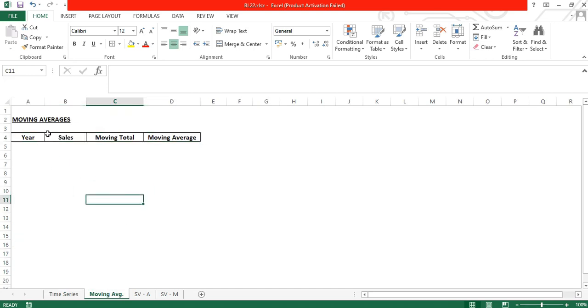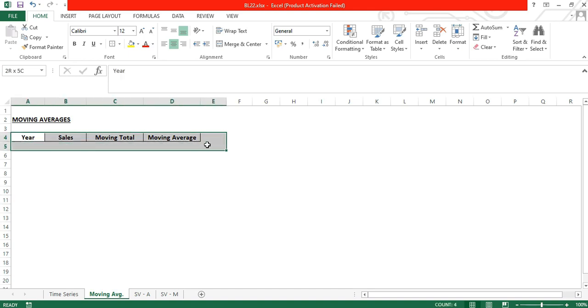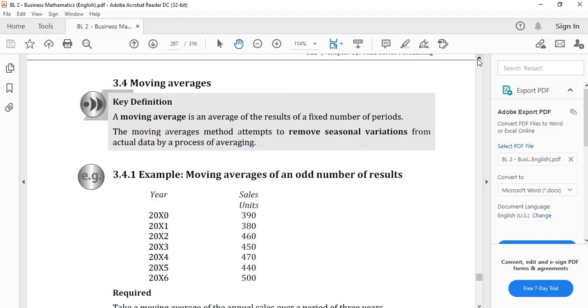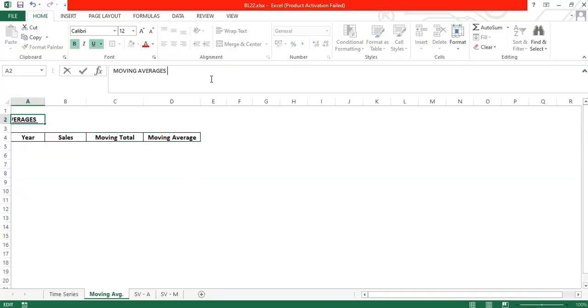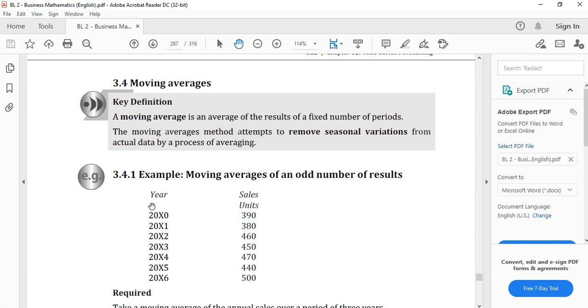In your moving average, you will have a format like this. These two will depend on the question, but these two are compulsory, and I'll tell you how to calculate. Let's look at this example: moving averages of an odd number of results. Odd number of items means the total number of data given to us is an odd number.